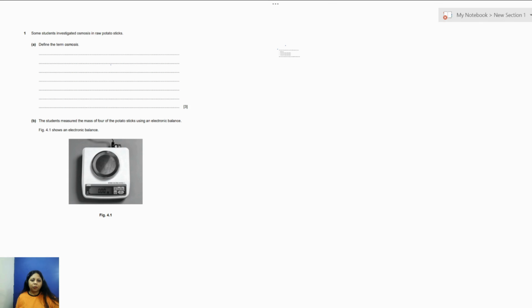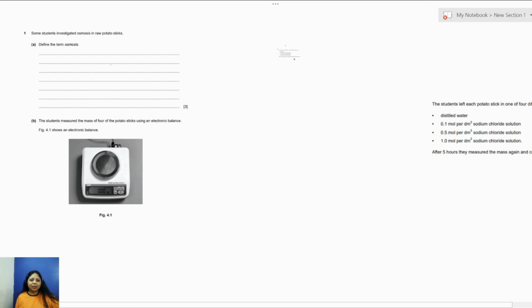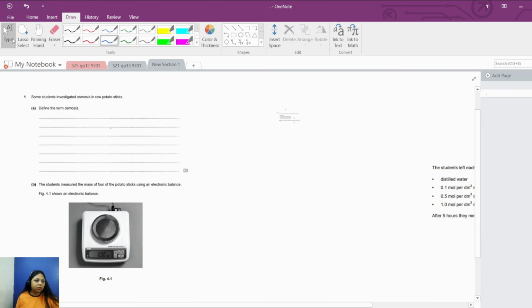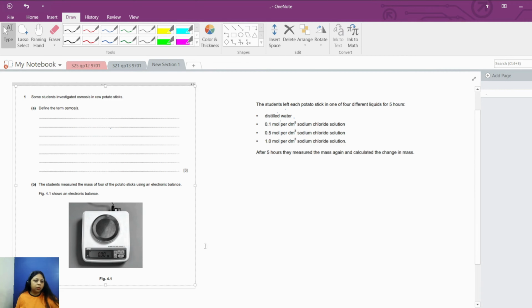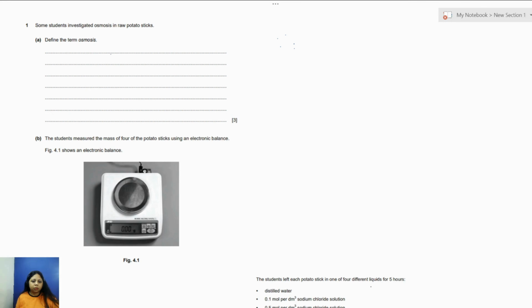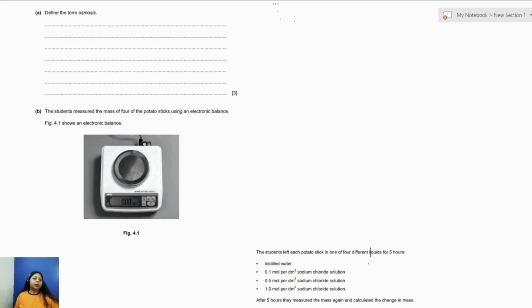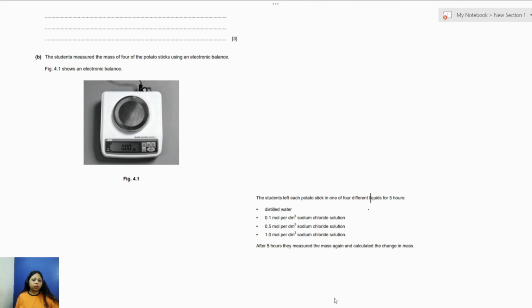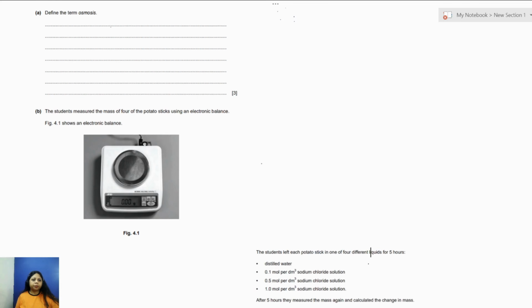So no, I'm not talking about that. Just give me a minute. Why is it not selected? I don't know what's the issue with this one. Is it working? Okay.